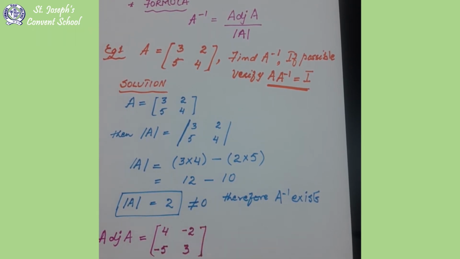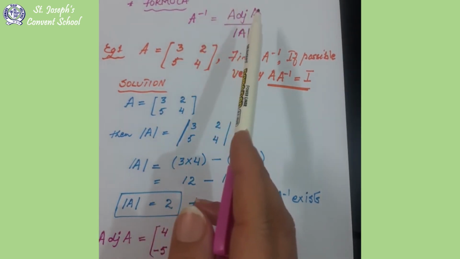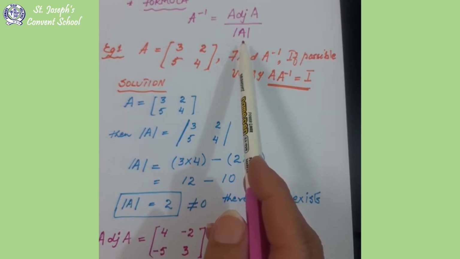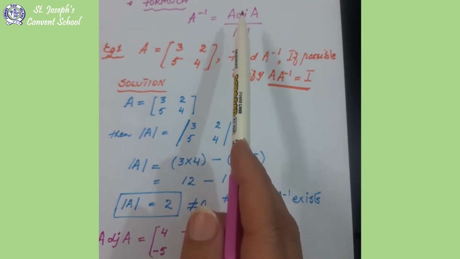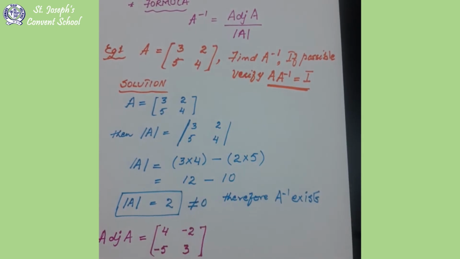So this is adjoint A. Now we will put the values in the formula. Formula is A inverse equals adjoint A upon determinant A. So we will put the value of adjoint A, then the value of determinant of A. Let's put the values and solve it.